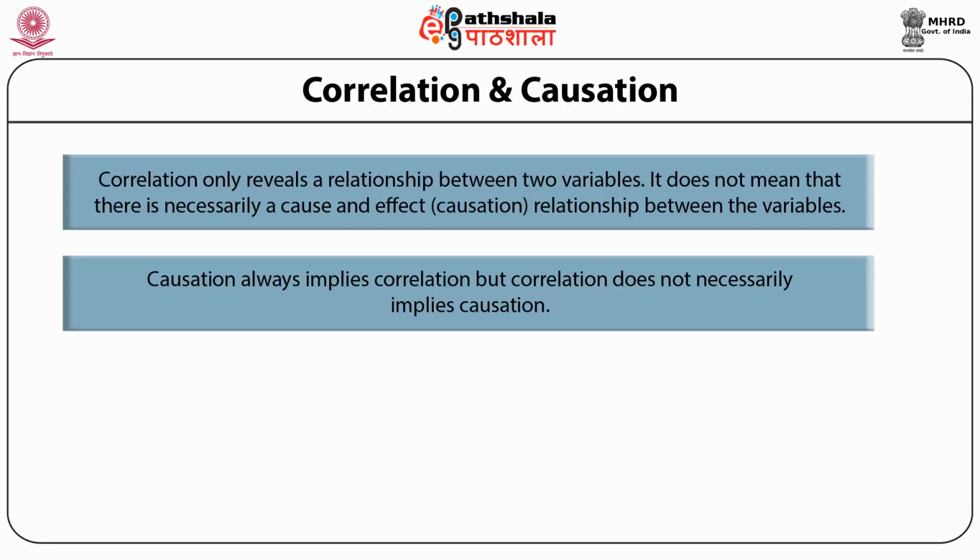So which variable is dependent and which variable is independent cannot be revealed with the help of correlation analysis. Correlation analysis only tells us about the common variations in both the variables. It is not talking about the cause and effect relationship between the variables.